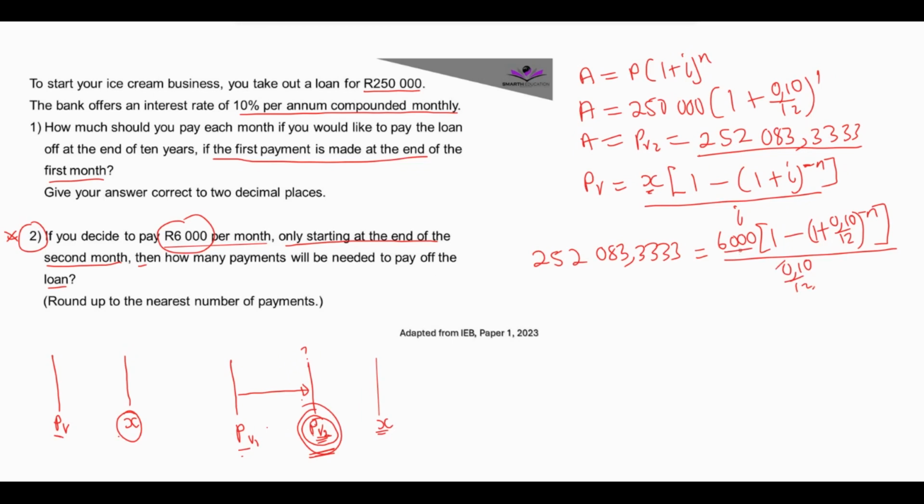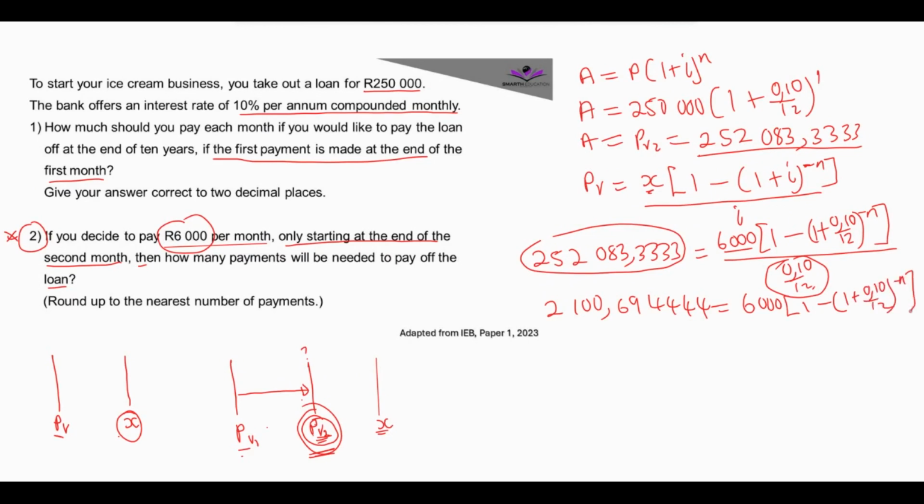Now, what can we do here? We can do things differently. Someone can decide to divide 6,000 by 0.1 over 12, or I will multiply 252,083 rand 33 cents by 0.1 over 12. So what do I get? I'll get 2,100.69444 is equal to 6,000 times 1 minus (1 plus 0.10 over 12) to the power negative n. Then divide by 6,000 on both sides of the equation.